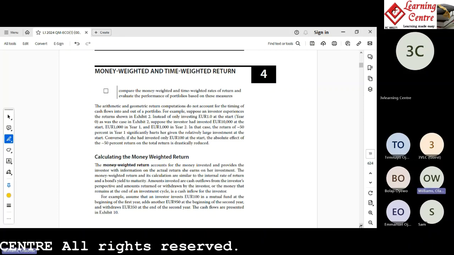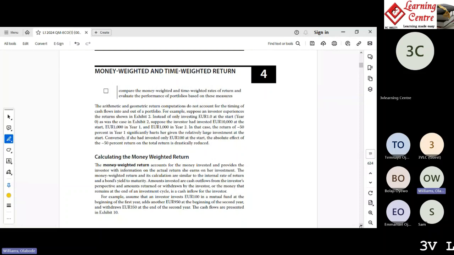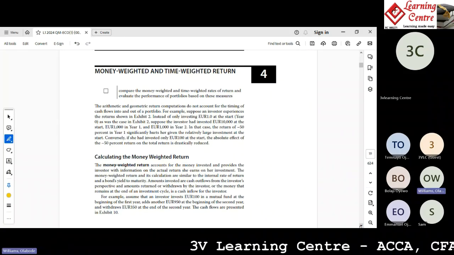Now, if you recall, what is your internal rate of return? Your internal rate of return is simply balancing your cash outflow and your cash inflow. So your internal rate of return is the return that equates your outflow and inflow, which means that it makes your NPV 0.